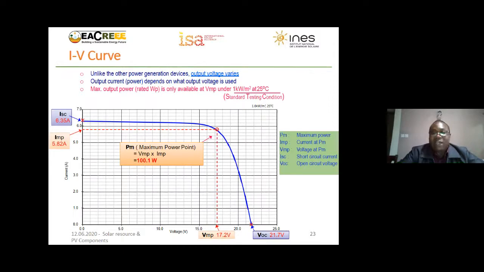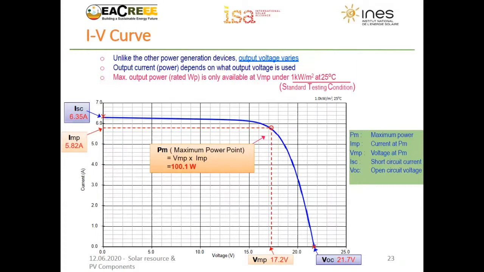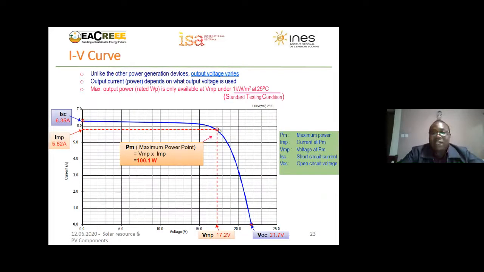And that point where current and voltage combined provide the maximum power is called the maximum power point of a solar PV, and it's what rates a solar PV cell.